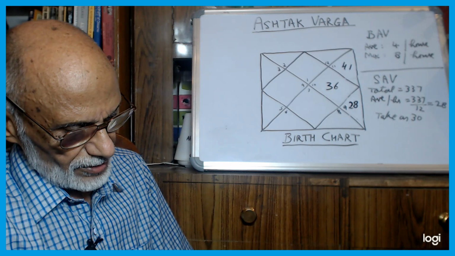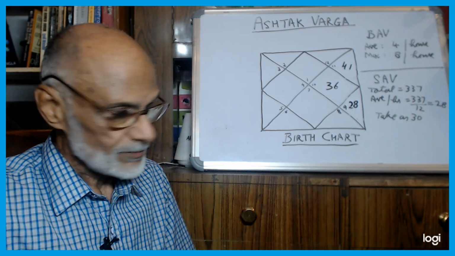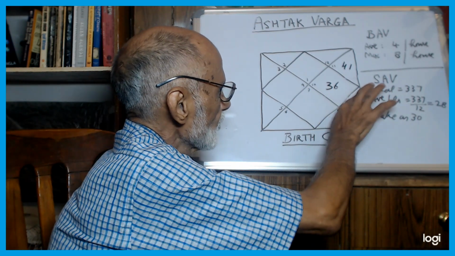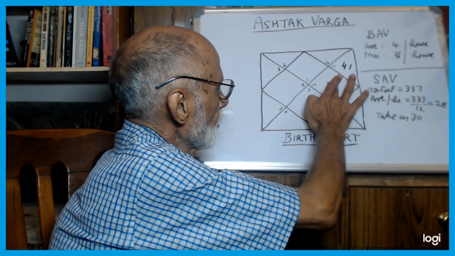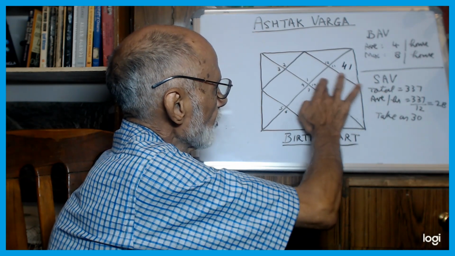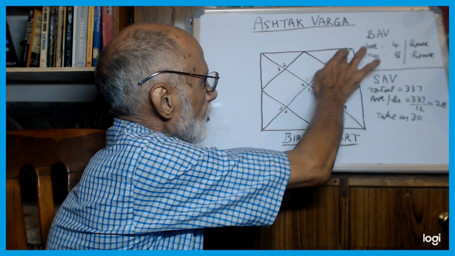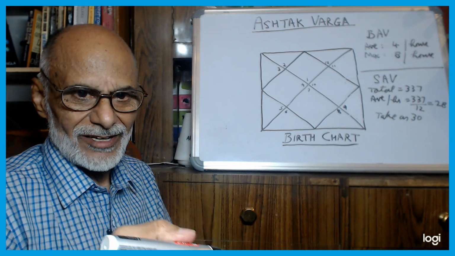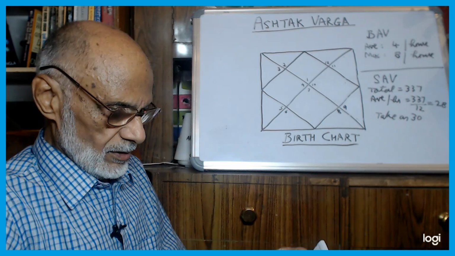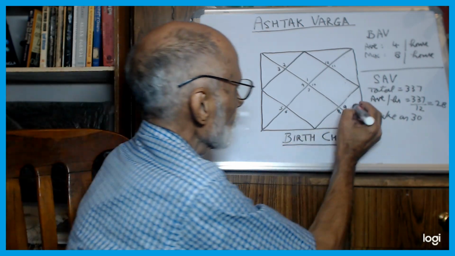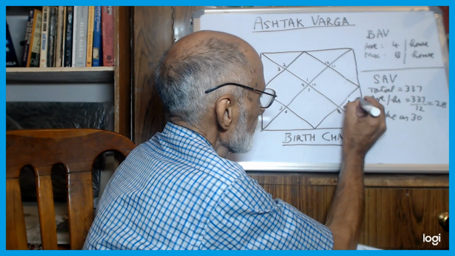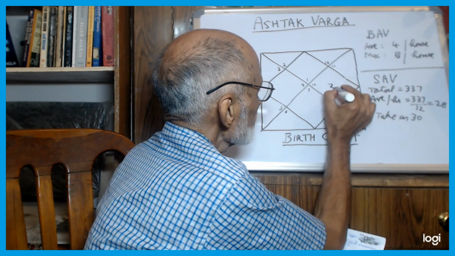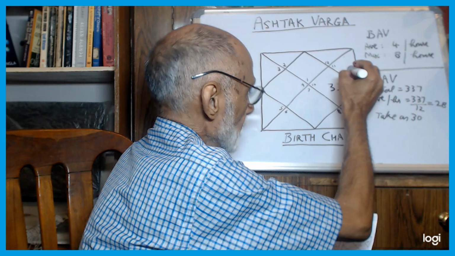Now let us take another chart of another native. See, these pens are not very good, they stop writing sometimes. Another native has 40 points here in the house of luck, 33 here and 28 here.